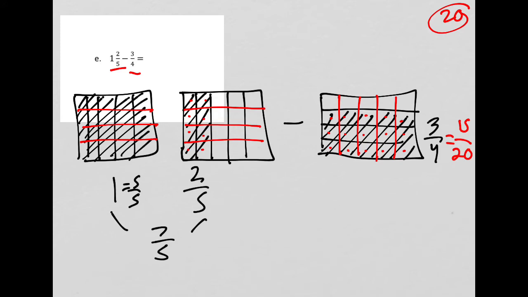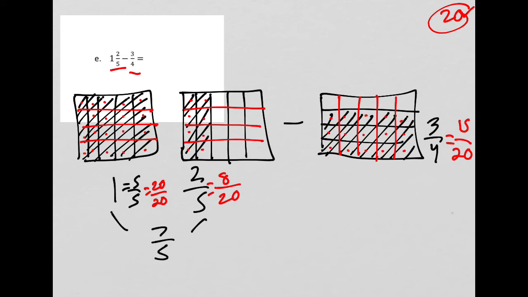So I have 8. And then over here I have 20 20ths and I have 8 20ths, which makes sense with my common denominator check.